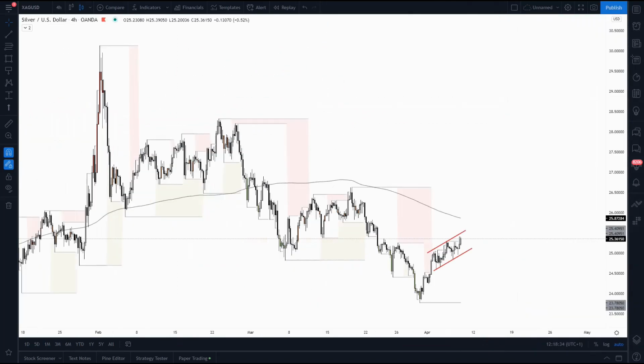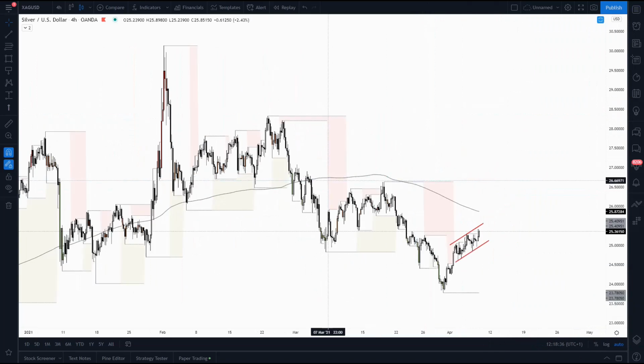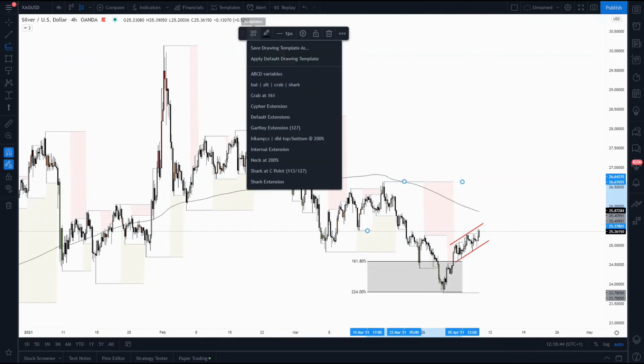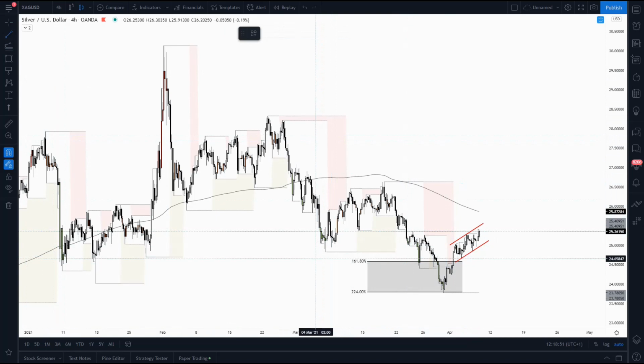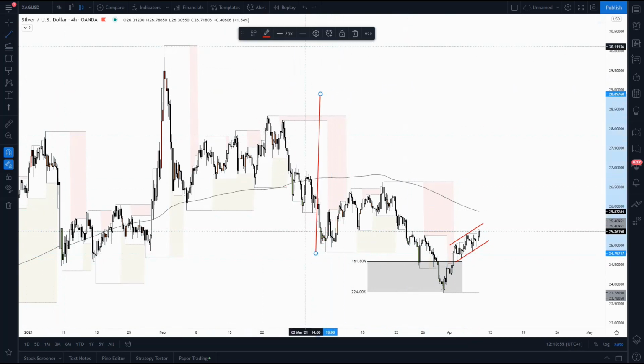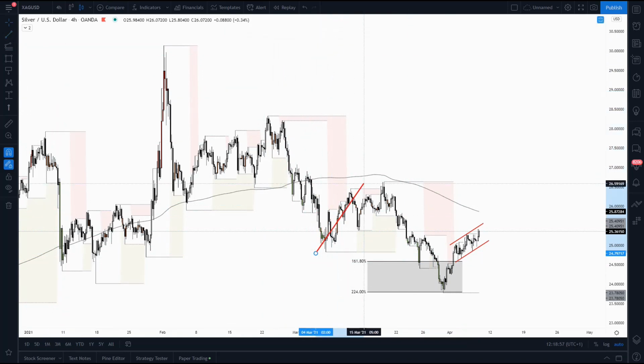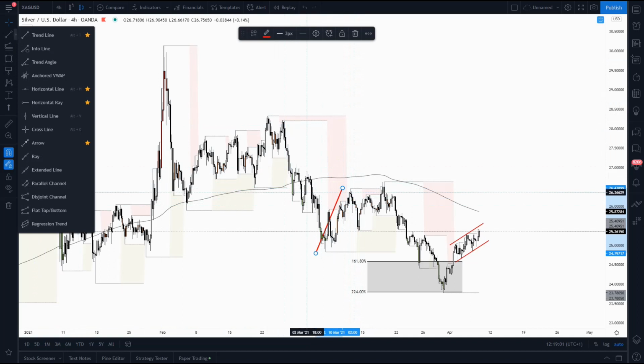Silver, and for silver I think I deleted all my charts here, or my drawings. We target Fibonacci shark pattern extension levels as always, the 161% Fibonacci level and the 224% Fibonacci extension level.